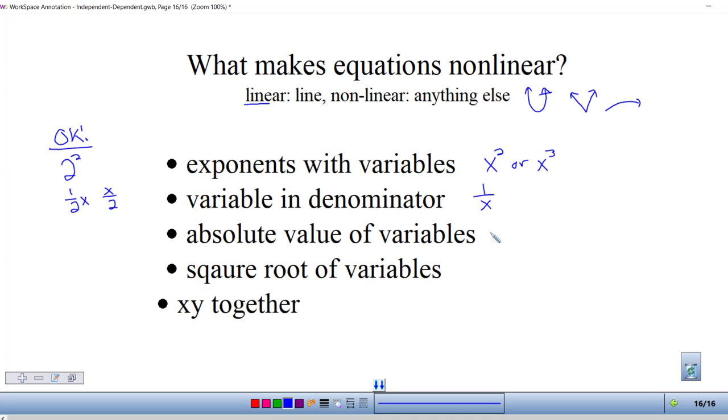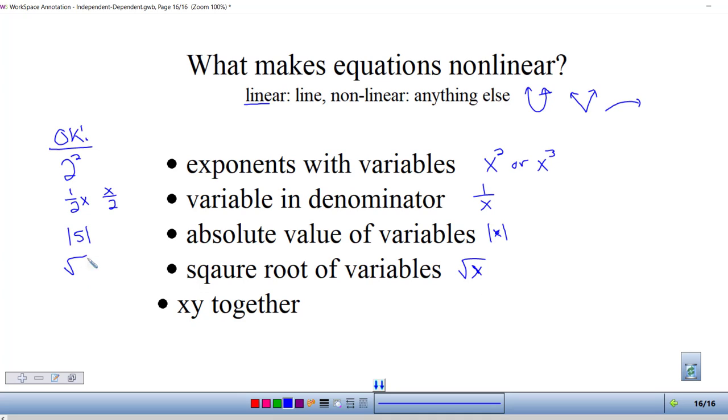Absolute value of variables. Absolute value is when we have these lines on the side. Okay, again, that's just with variables. It's okay to have an absolute value of a number like 5. We just can't have an absolute value of a variable. Square root of variables. Square root is this symbol.